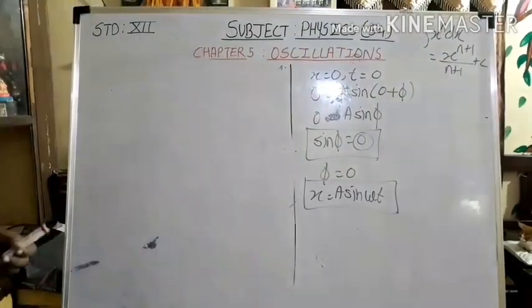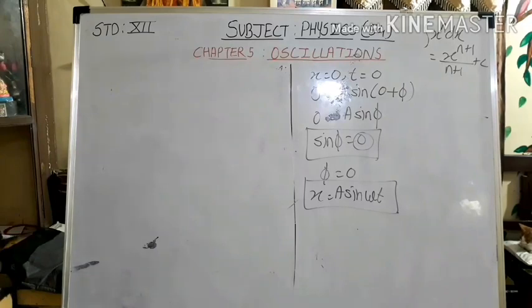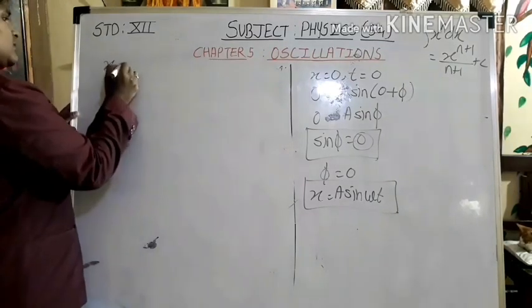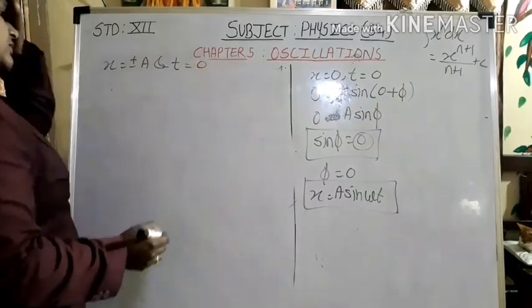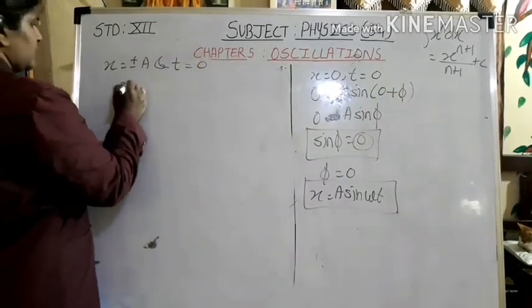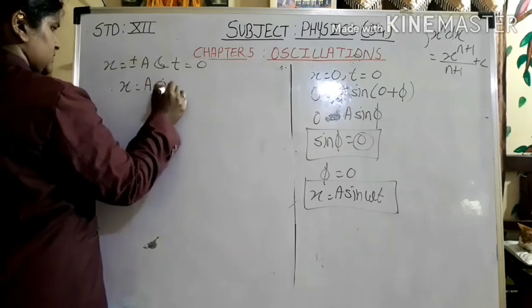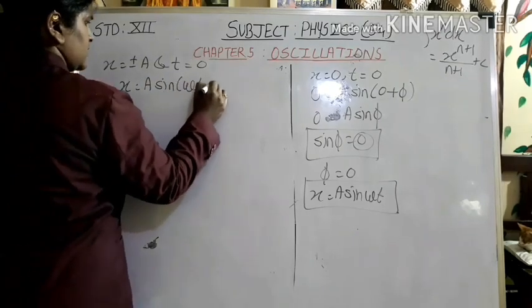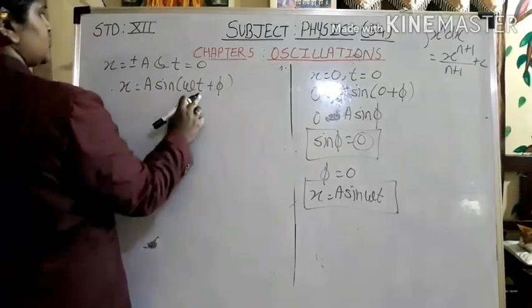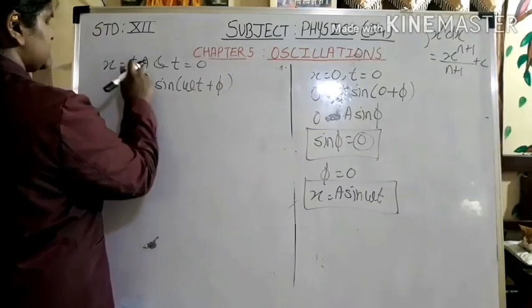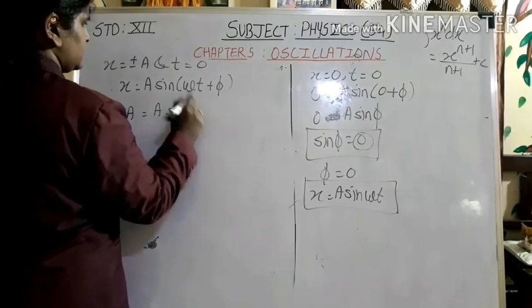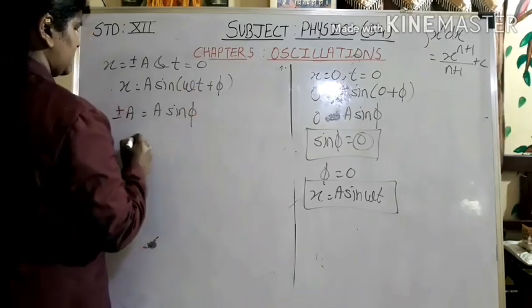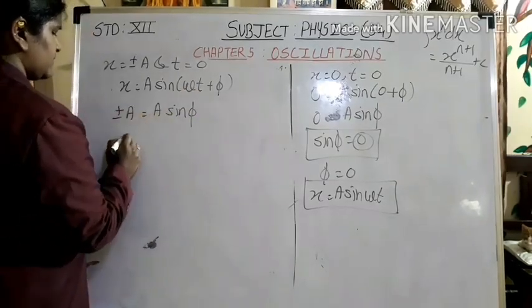So I will put this in that equation. So t becomes 0, x is plus minus a, so sine phi becomes 1.